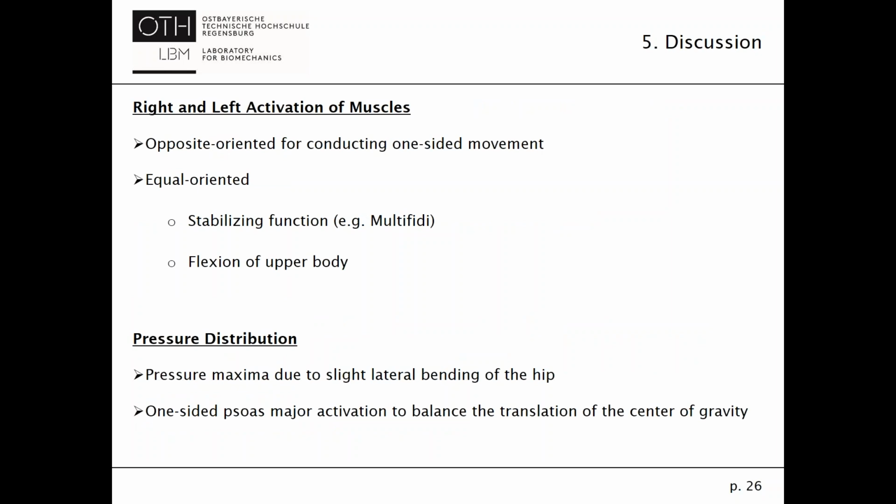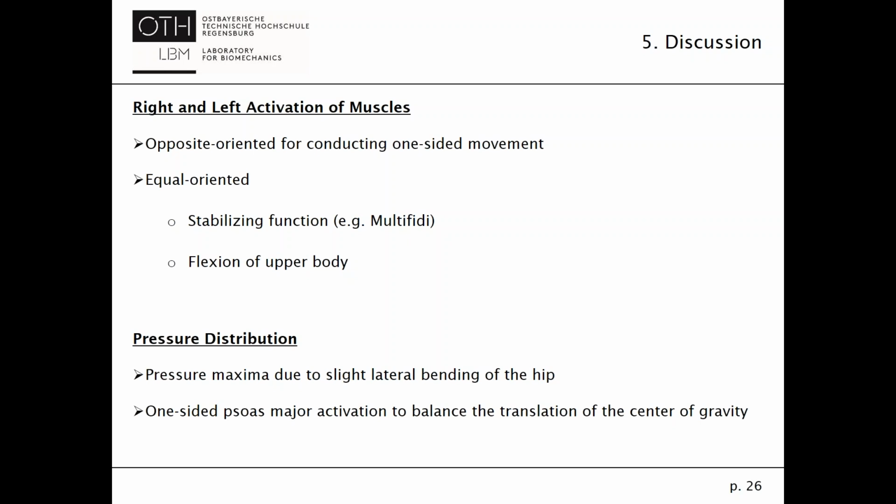Taking a look at the muscle activation on the right and the left side, we conclude that the opposite-oriented muscle activation leads to one-sided movement, and there are 2 reasons for equal-oriented muscle activation. On the one hand, it may be a stabilizing function, and on the other hand, it may have the function of flexing the upper body.